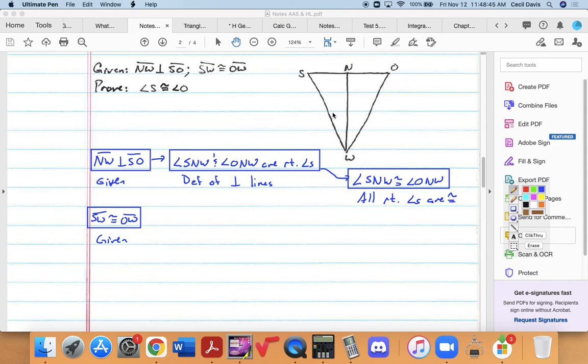I guess you should start marking things on this. These are right angles, and they're both congruent to each other. Yes, Rivers? Yes. For what reason? Very nice, thank you.